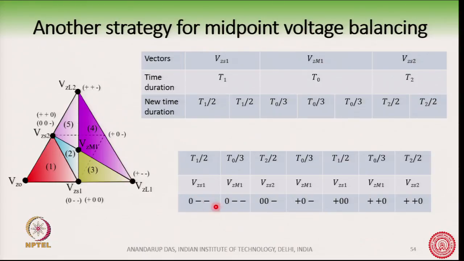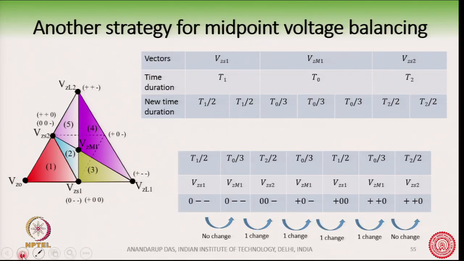So, if you place your switchings like this, what happens with the changes? From here to here you see there is no change, there is no switching change, identical. From 0 minus minus to 0 0 minus you have one change. From plus 0 minus, so from this to this you have one change. 0 0 minus to plus 0 minus means you have the plus changing from 0.